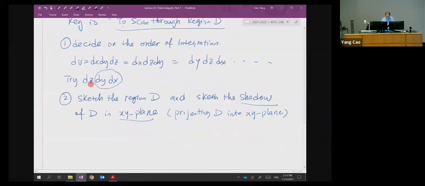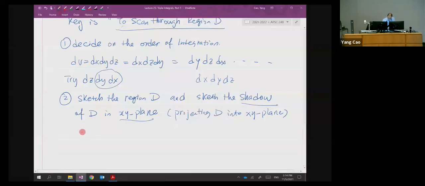Whenever you decide on the order, if next time you decide on, let's say, dx dy dz, then you need to sketch the shadow in the yz plane. That's based on your choice of the order of integration.